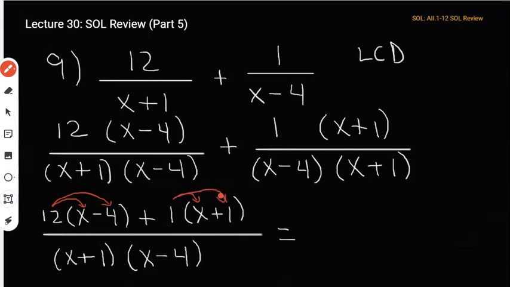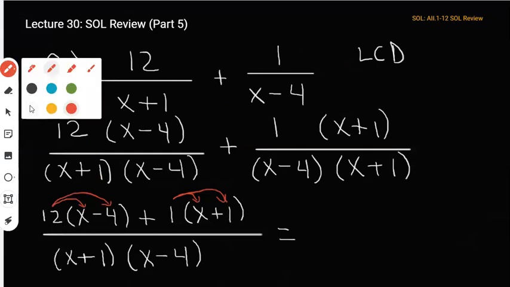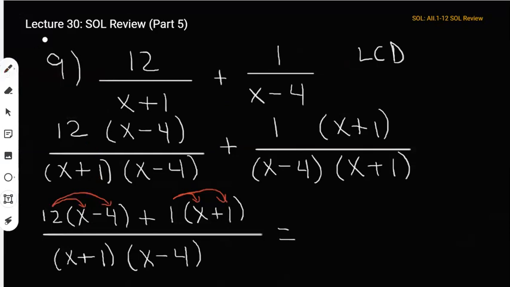So let's do that. So if I multiply the x times 12, I'm going to get 12x. If I multiply the 12 by the negative 4, I'm going to get negative 48. Over here, if I multiply everything by 1, nothing changes.